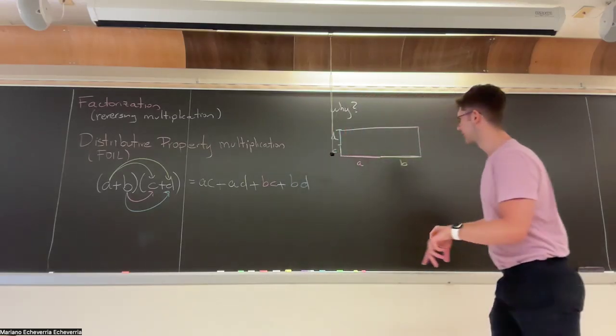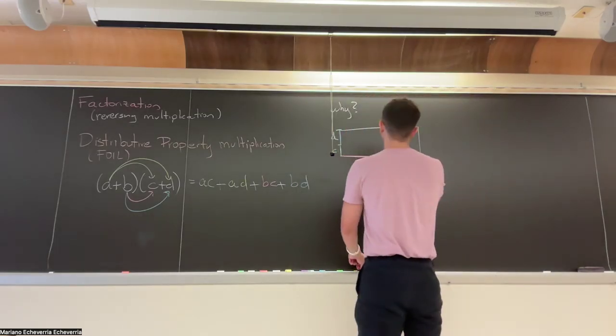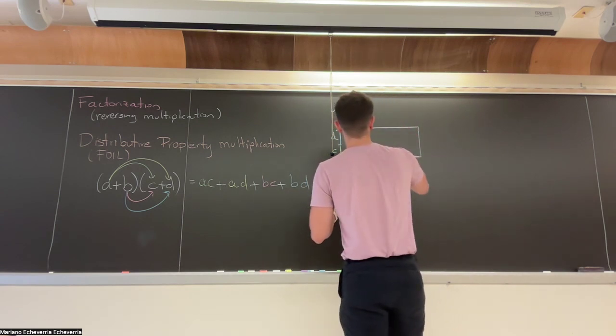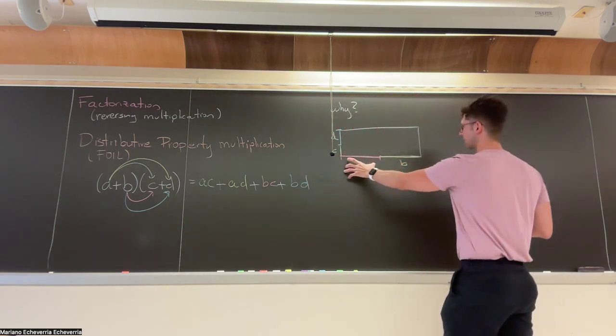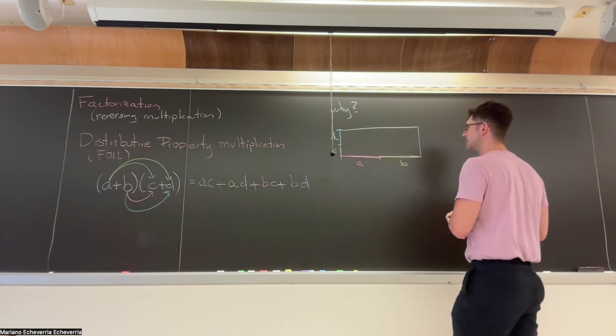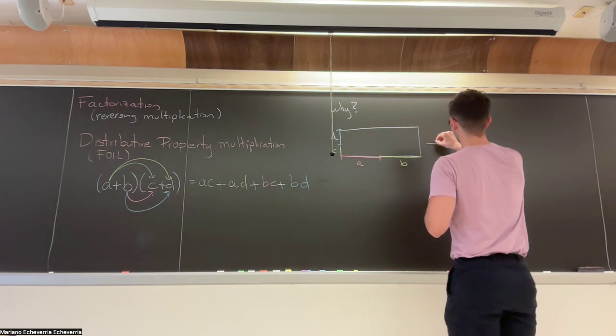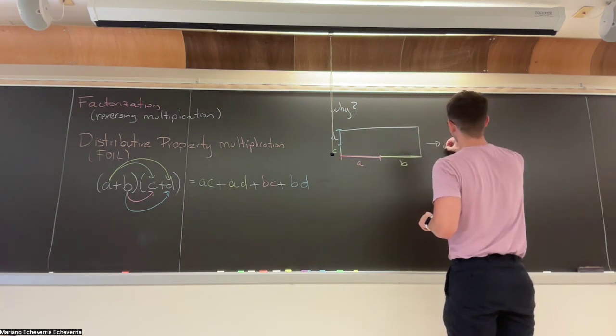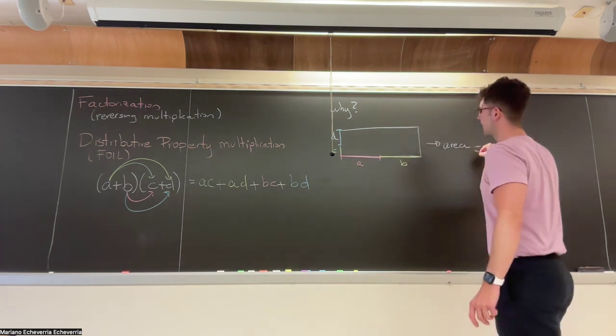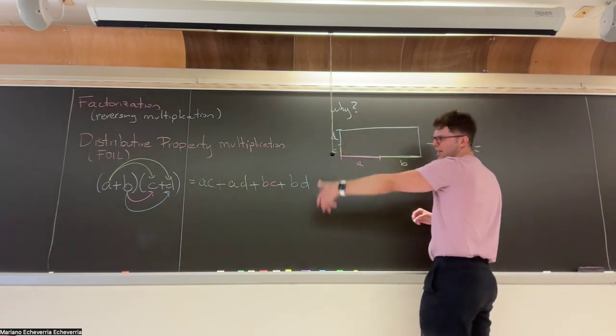The total length of each of the sides is made out of 2 pieces. So the area of this big rectangle, what is the area of a rectangle? It's base times height.